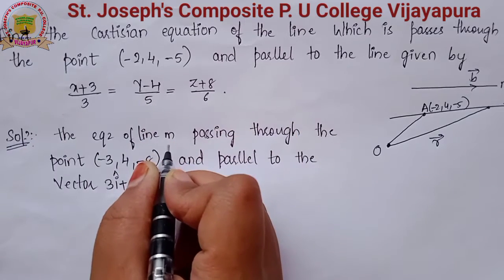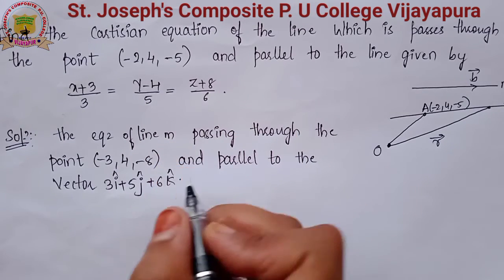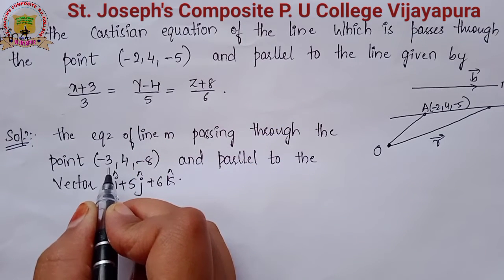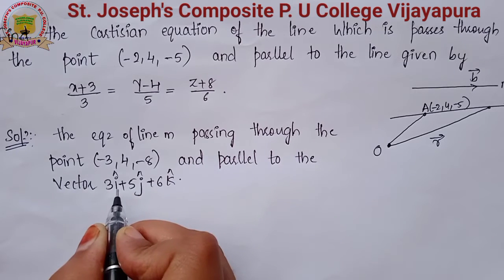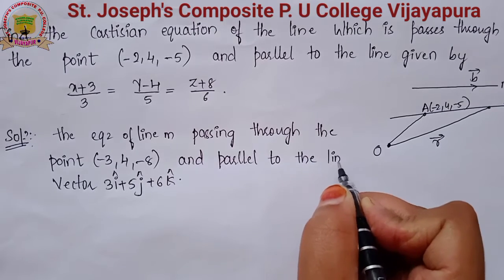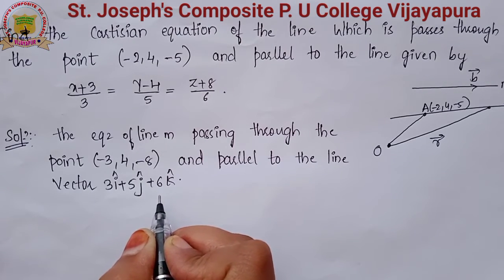On comparing this equation with the standard Cartesian form equation of the line, we get this is the equation of the line passing through the point minus 3, 4, minus 8 and parallel to the line vector 3i plus 5j plus 6k.